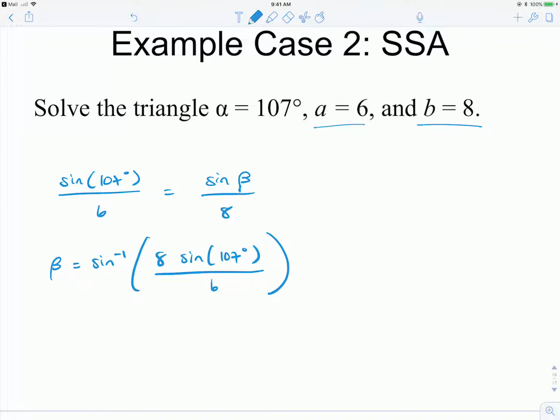When you try and put that into your calculator, you get a domain error. And that also indicates that there is no triangle.